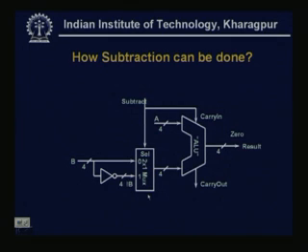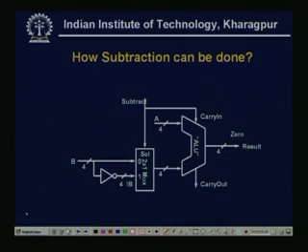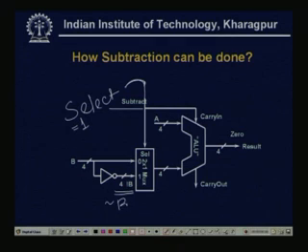So, what will be the ALU for that? See, again we have taken a multiplexer, and this is the select line. So, if it is 0, then normal b, uncomplemented b, will go, but if the select line is 1, then actually b complement is implemented.